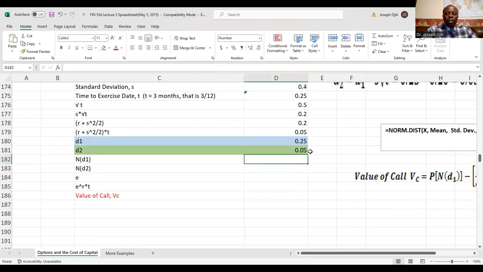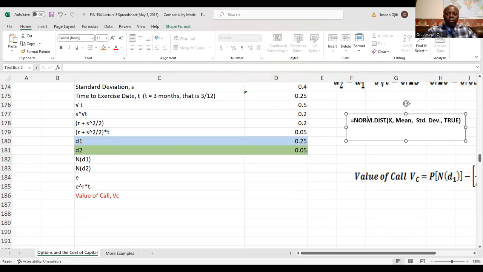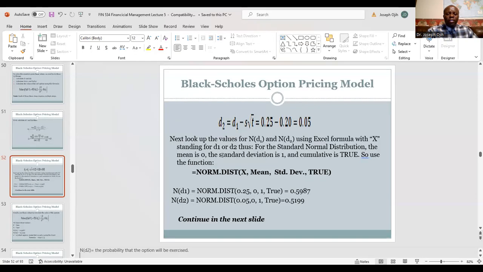The formula for ND2, I'm going to show you here. This is the formula here. I think I explained this more clearly in our presentation. So the formula is NORM.DIST(x, mean, standard deviation, true).